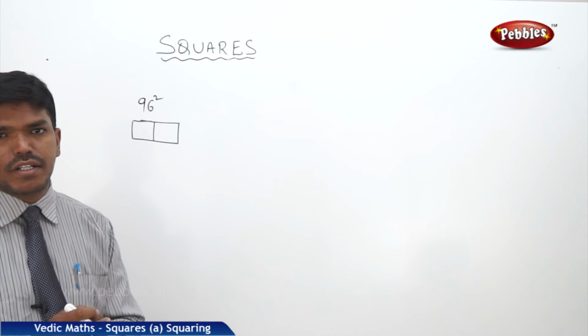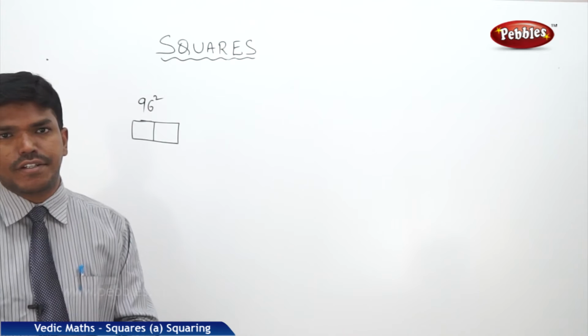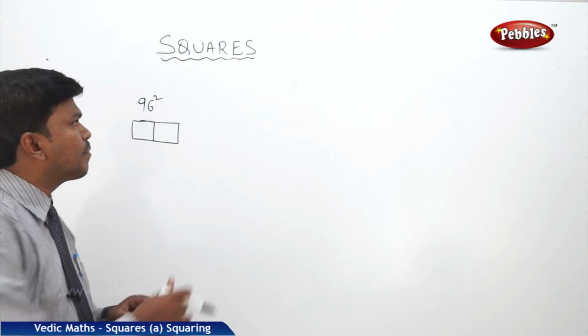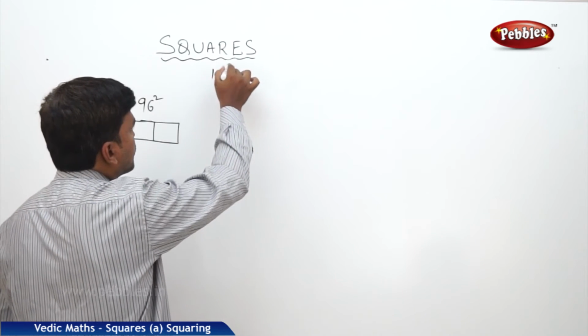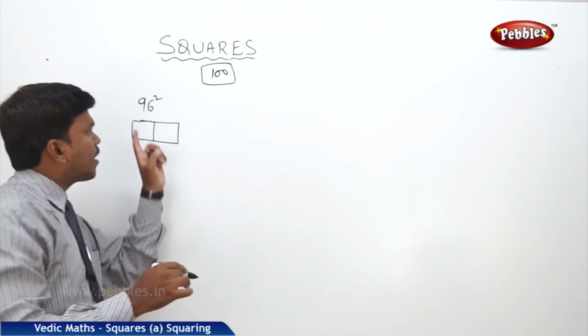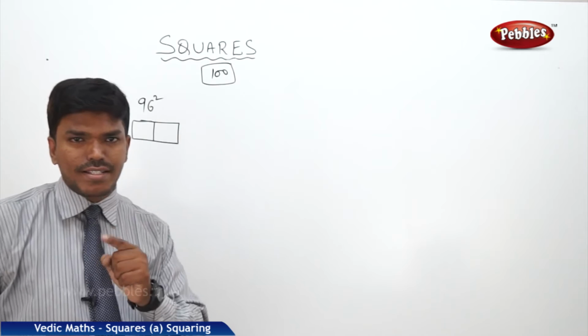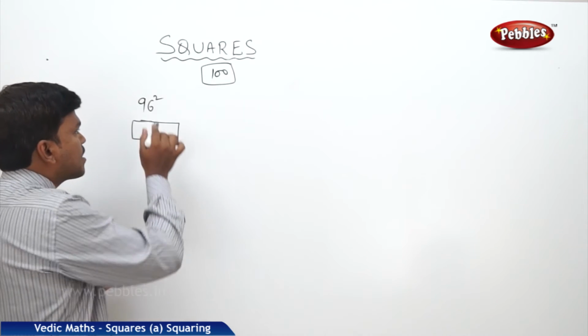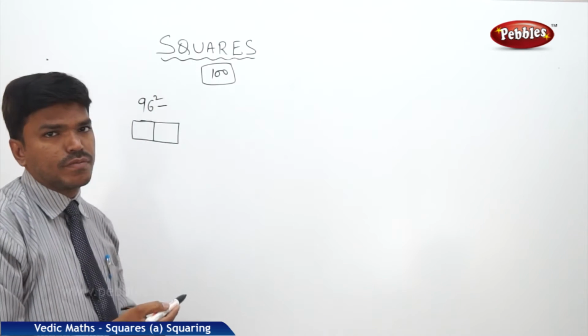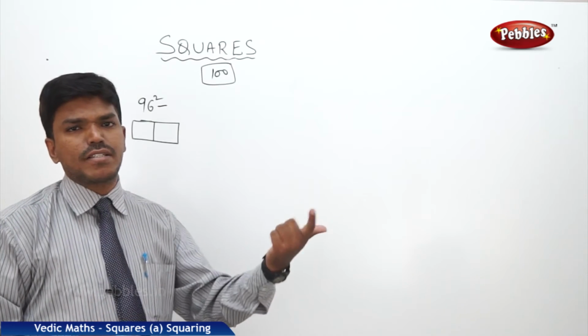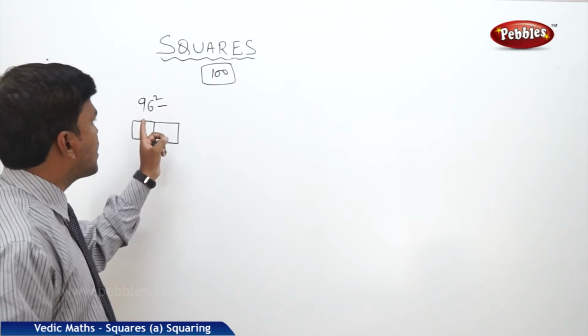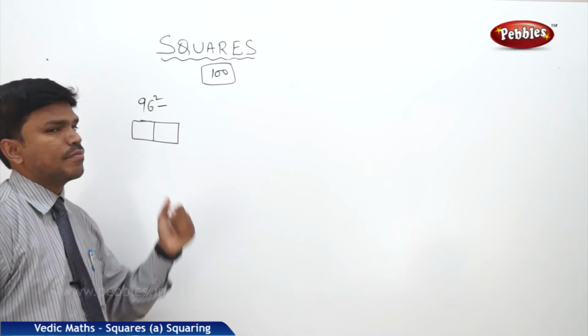Take the help of the base 100 here. Now you tell me, 96, is it more than the 100 or less than the 100? Less than the 100. Yes, if it is less, put a minus symbol here. If it is more than the 100, put a plus symbol. That's it. So here 96 is less than 100, so put a minus symbol.